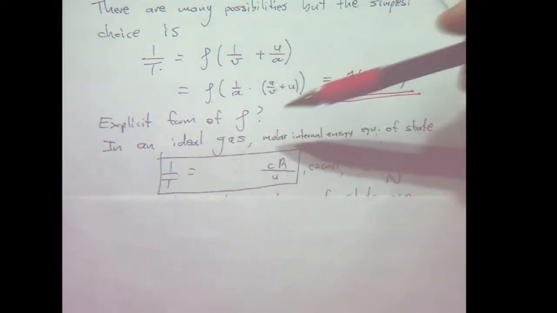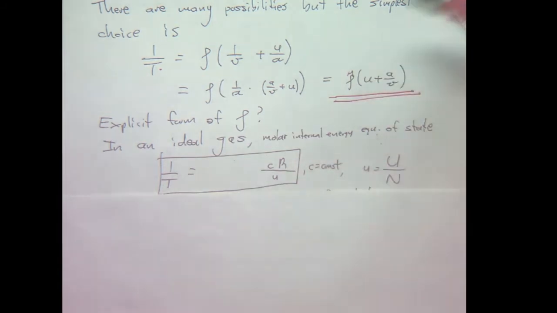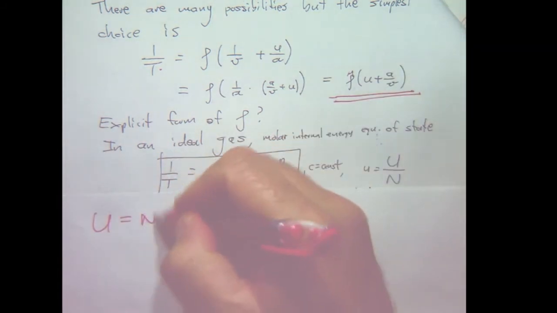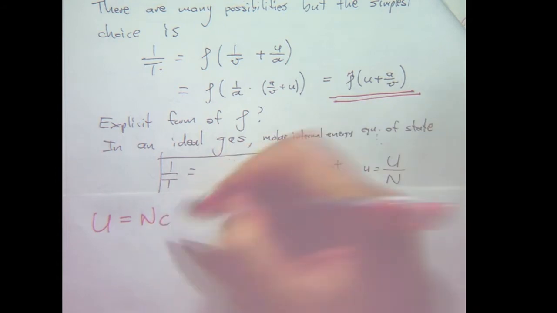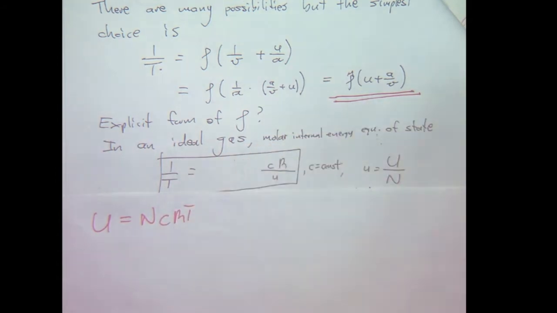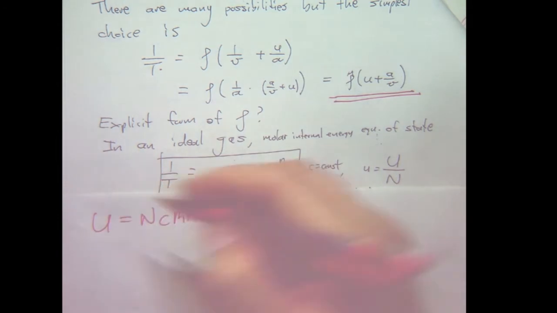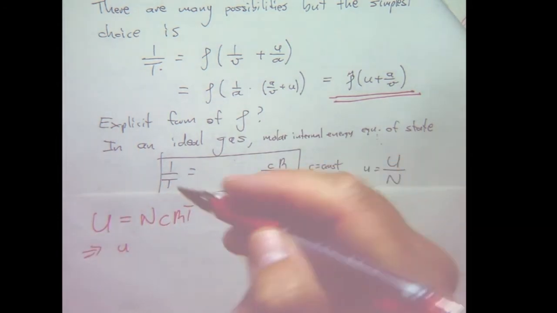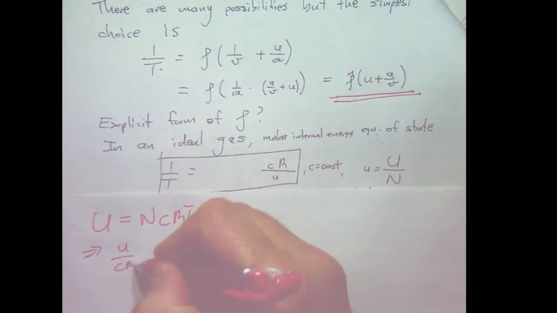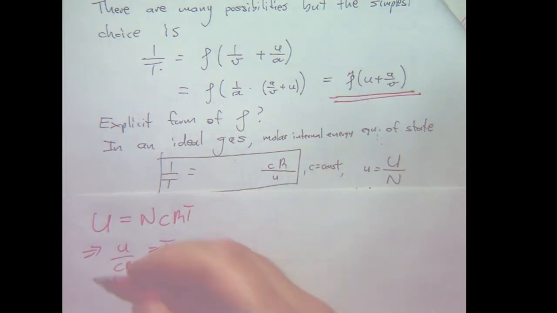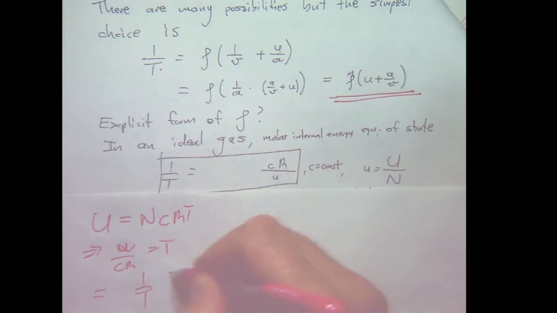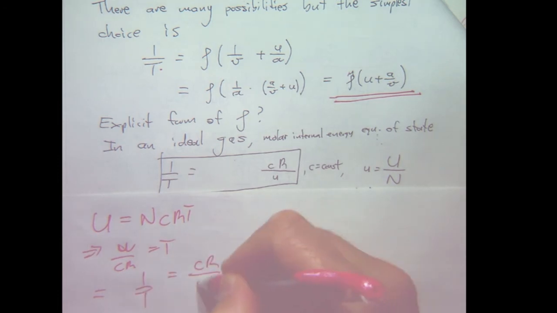For the ideal gas, you know that U equals N times C R T. So that means little u over C R equals T, which means 1/T is C R over little u.